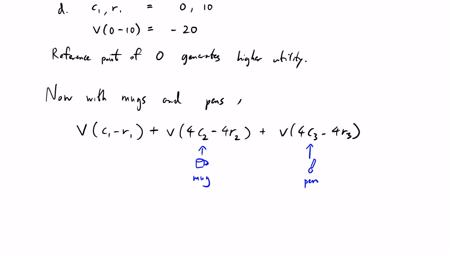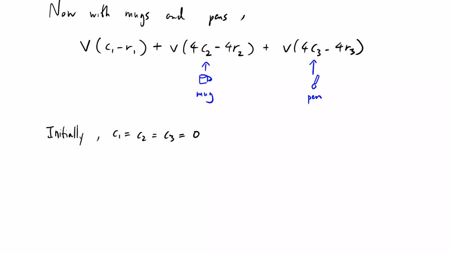So he's initially going to start off with nothing. Initially, C1 equals C2 equals C3 equals 0. Now he comes to the experiment, and it turns out that he received an $8 show-up fee that he does not incorporate into the reference point. So C1 equals 8 and R1 is 0.